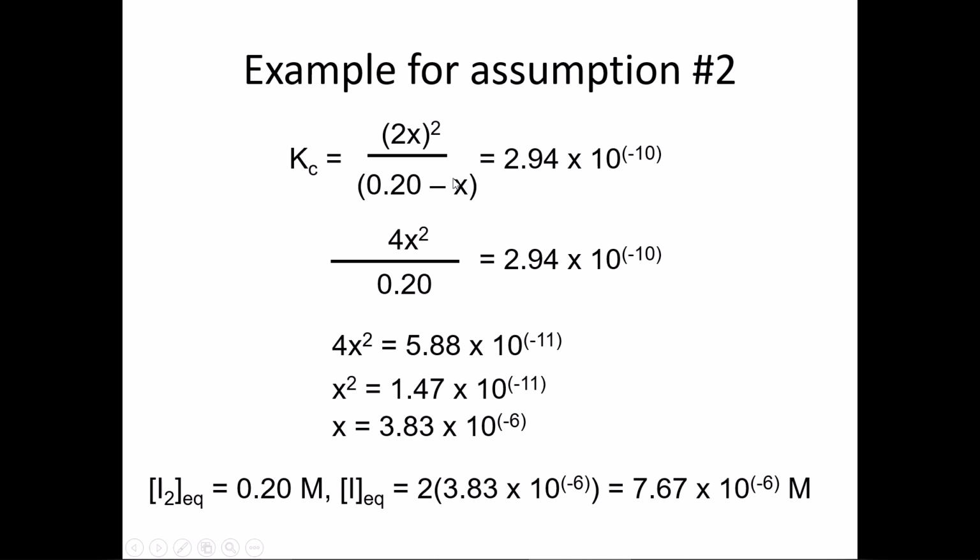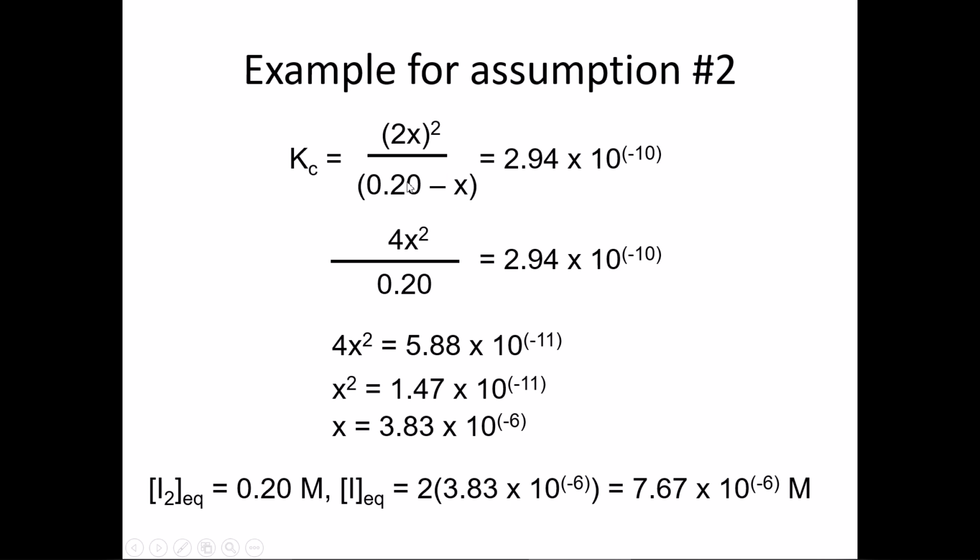It has to be pretty small because we're not making very many products, so we're not going to see a big change. So what is 0.2 minus very, very small? It's still 0.2. So if our K value is very, very tiny, our X has to also be a very small number.